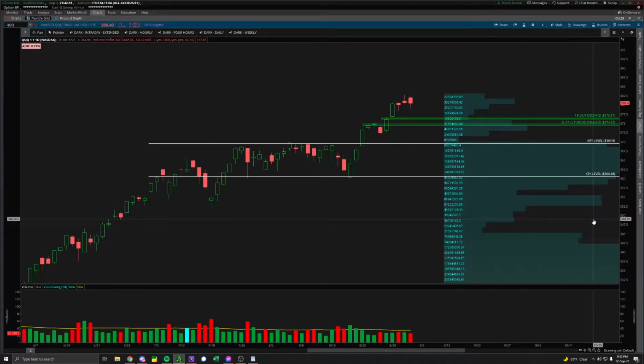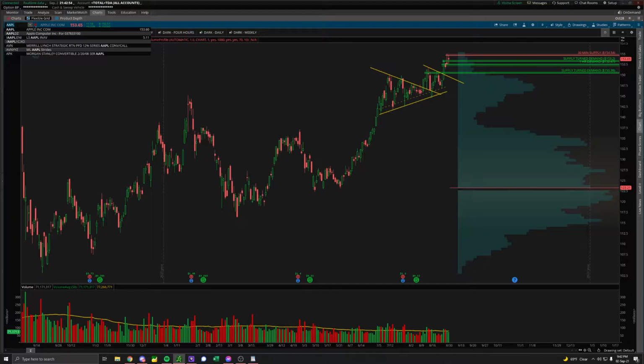Those are the stocks that I'm looking to take puts on once they meet their resistance in the morning or at a supply zone in the morning. So the two candidates I had this morning were Apple and Microsoft puts.